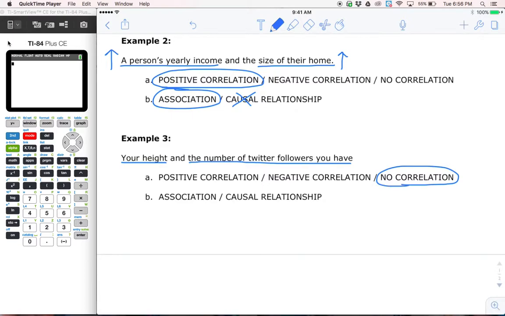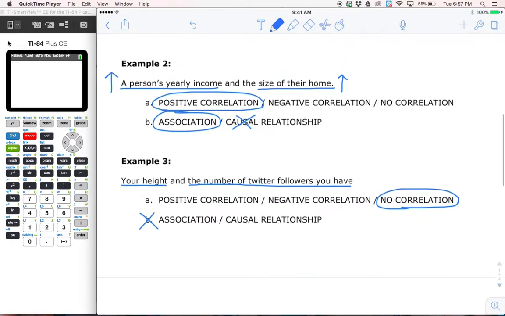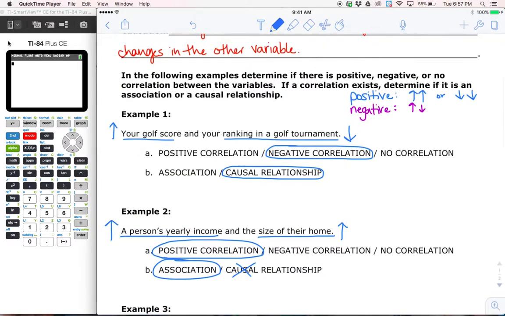Those are two things that are seemingly unrelated. And if there's no correlation, we don't even need to worry about trying to describe the correlation, because it doesn't exist.